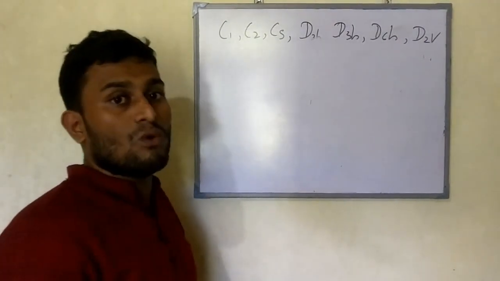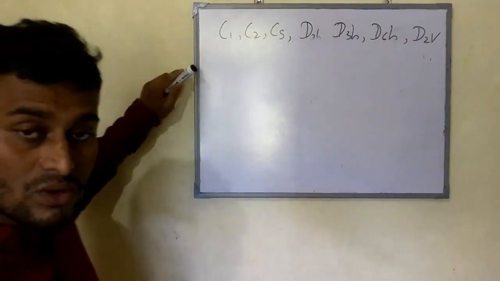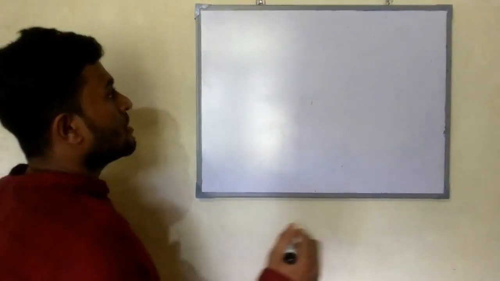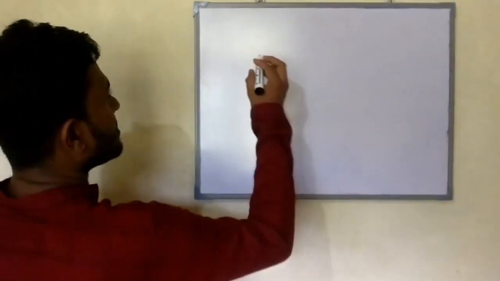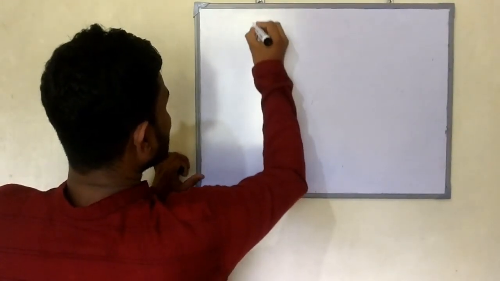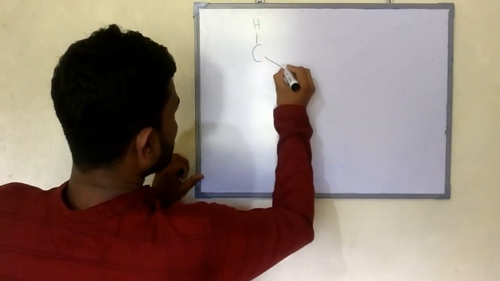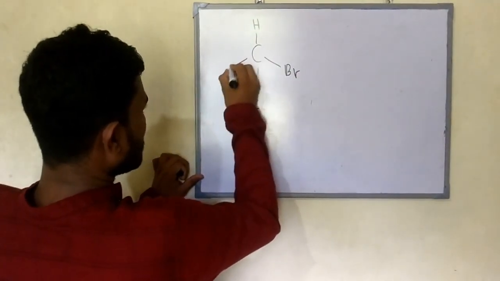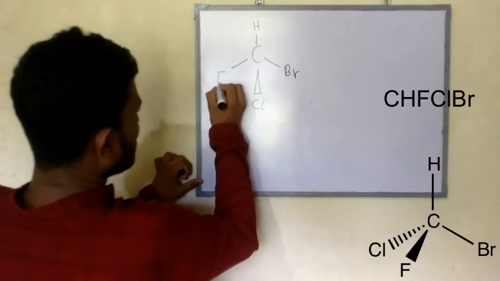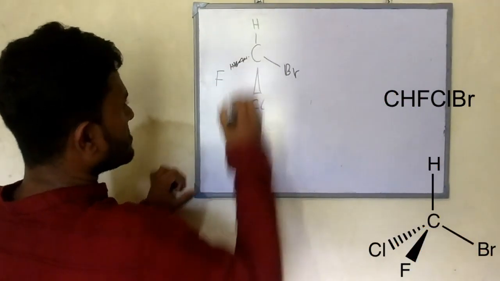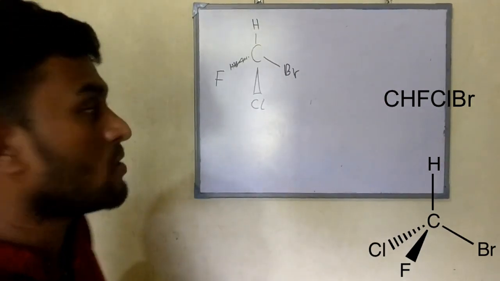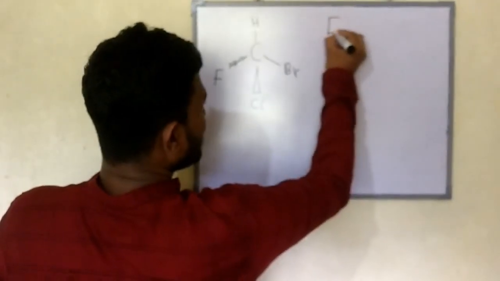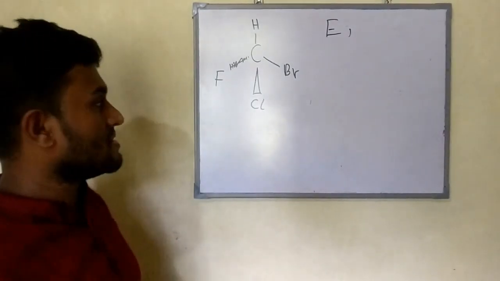So now let's move on to some examples, and we want to write the symmetry operations and also the point group. The example is bromochlorofluoromethane. It is like this. So when you see this, definitely the identity of symmetry is there.